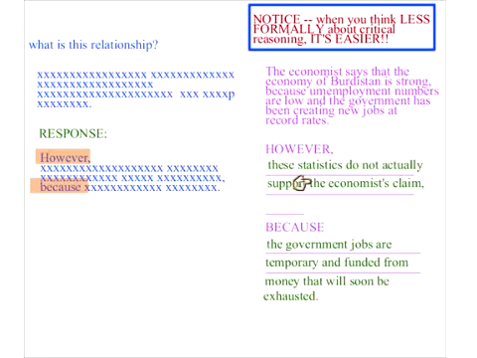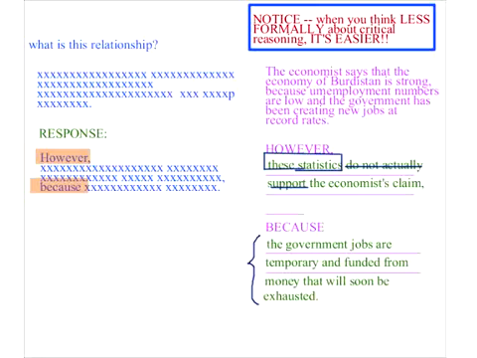Okay, so what's going on here is basically the economist is making an argument, but then we're saying it does not support the economist's argument. Same statistics. So this is a problem where we're trying to weaken the argument. Remember, when you weaken the argument, you have to weaken it within the constraints of what you already have.